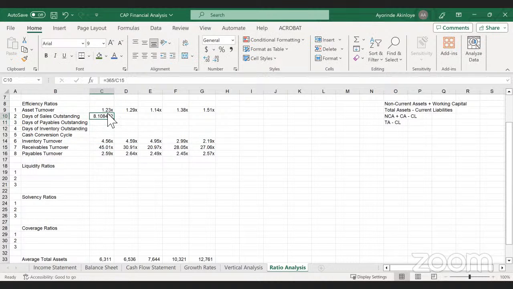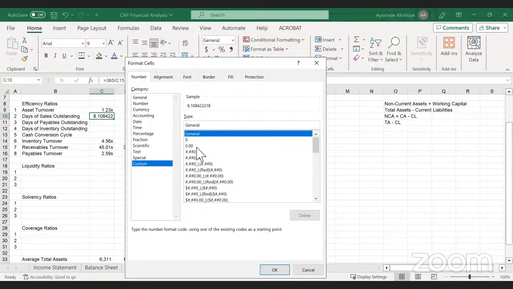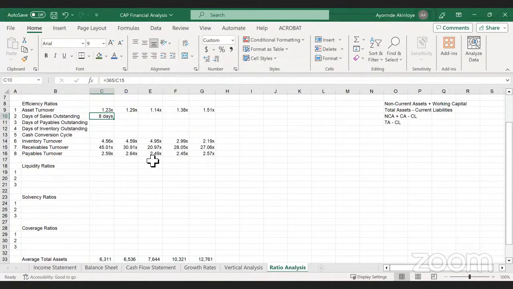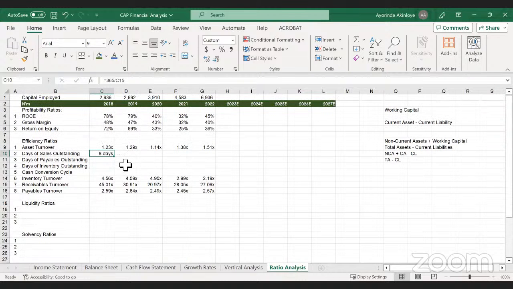So let's format this a bit, change this to days. So days of sales outstanding is 8 days in 2018, and you simply drag across. So that's days of sales outstanding.